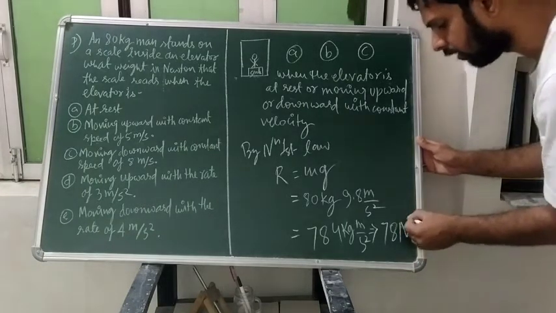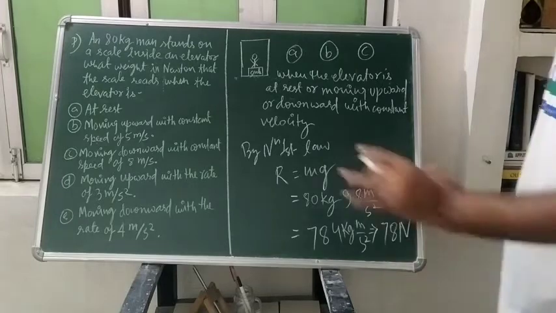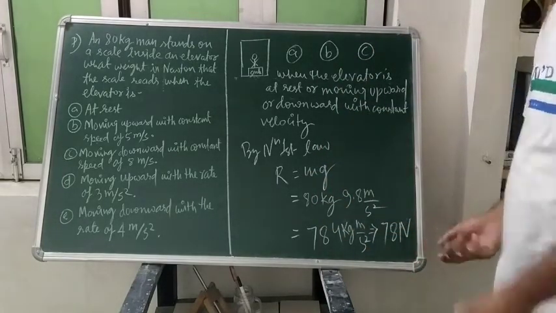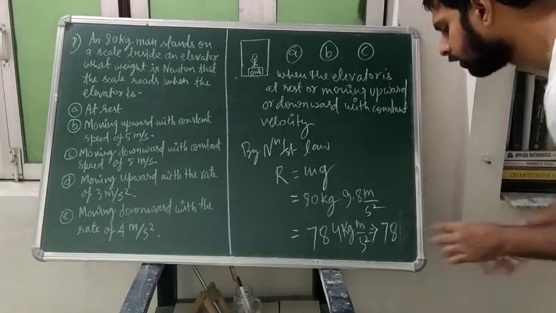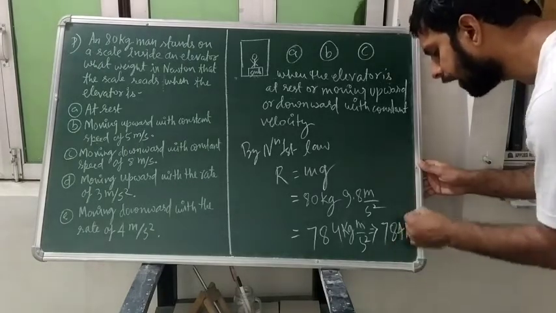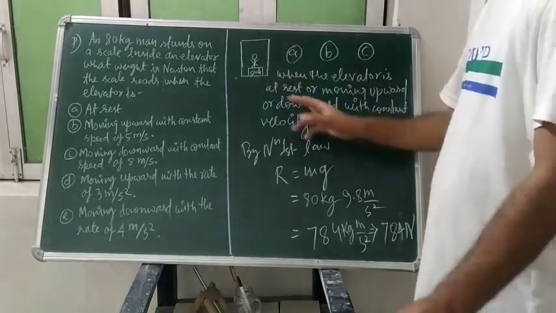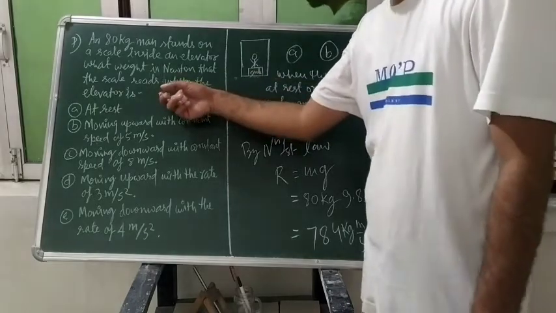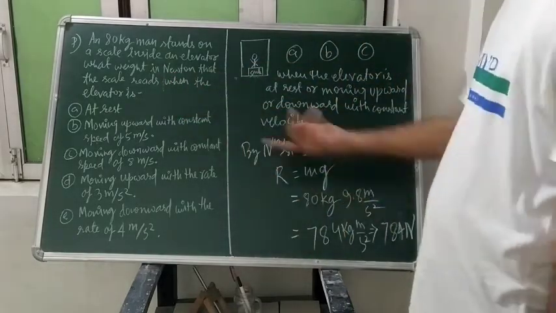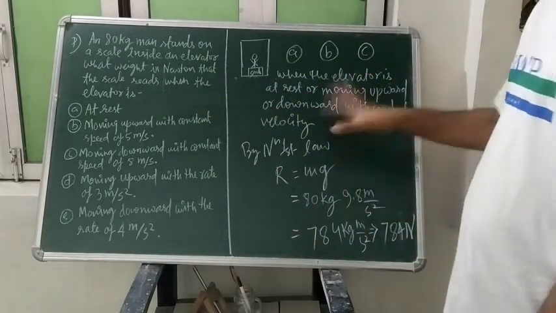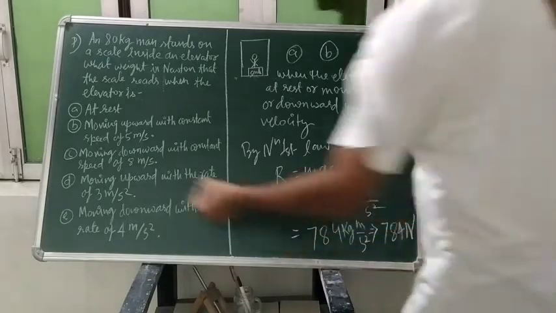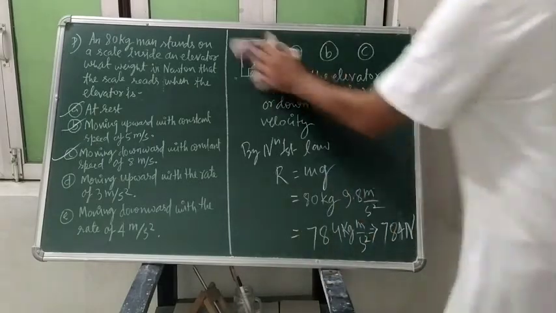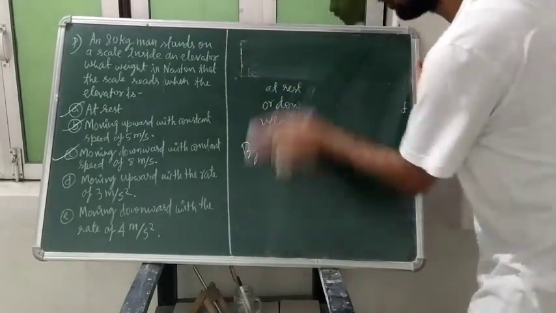In physics, units are only going to help you. So 784 Newton is the apparent weight of that person whether it is at rest or moving upward or downward with any constant speed.